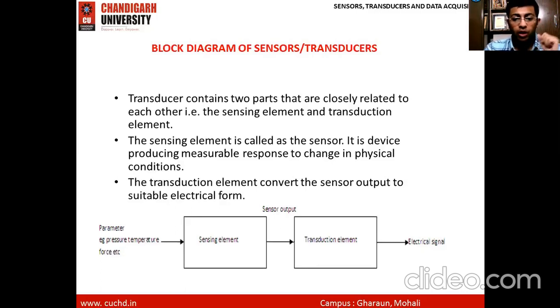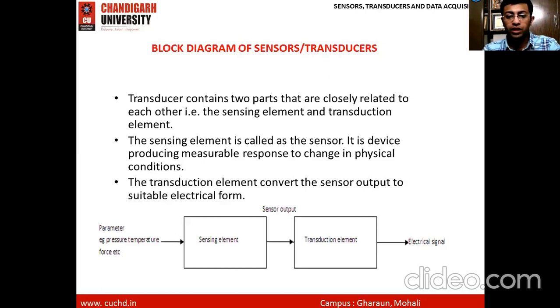That's why in the block diagram, which is the block diagram of a transducer, the first element is the sensing element. Sensing element means the sensor. Its input is any physical quantity. It will convert it into an intermediate form that will not always be electrical in nature. If it is electrical, then for sensor and transducer there is no difference.